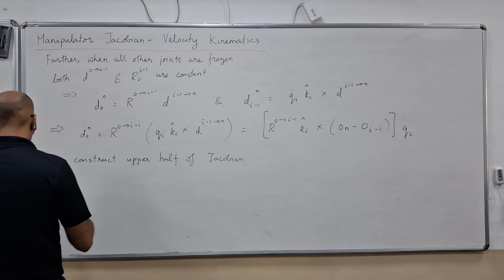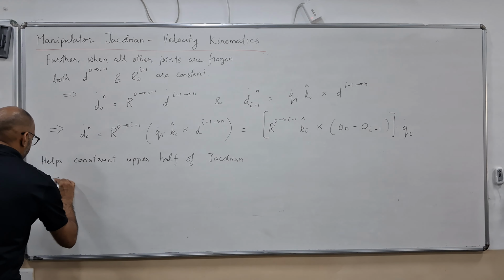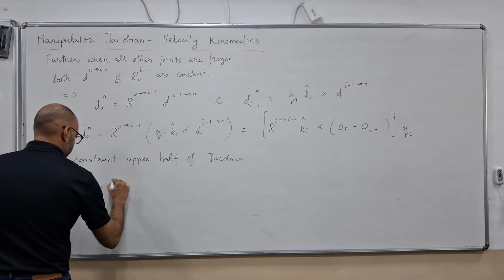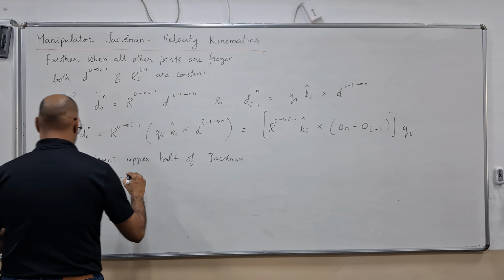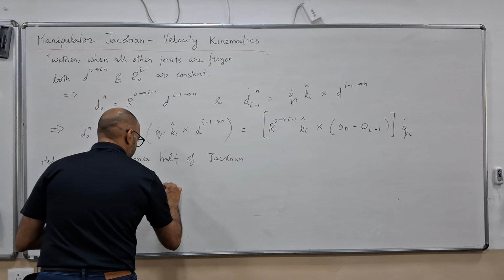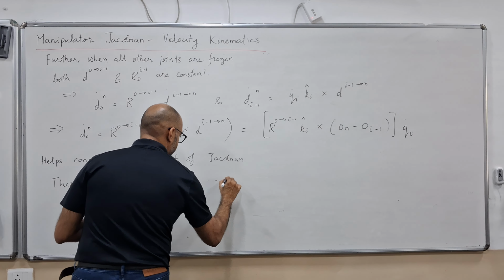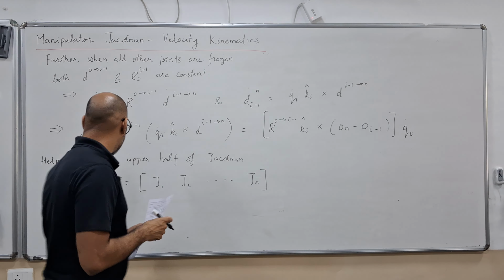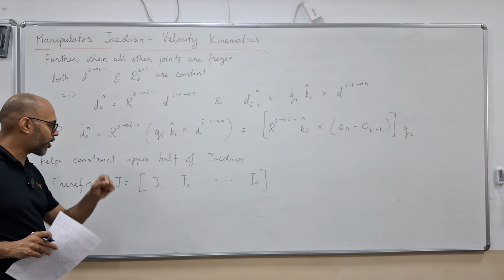So putting everything together, we have J is equal to J1, J2, and so on. These are the n columns. Remember, the overall J is 6 cross n.